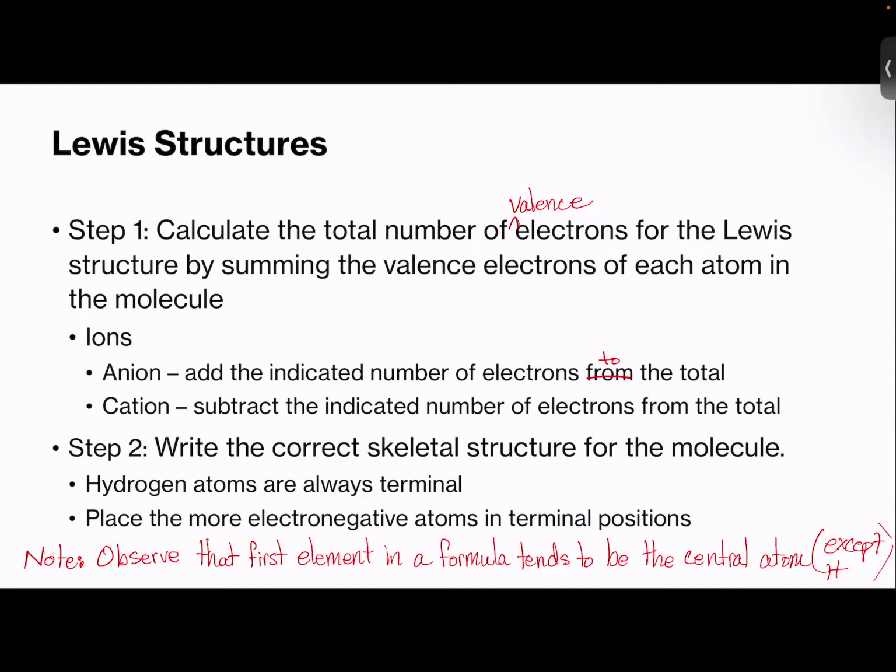We're going to notice this for many, many more atoms, that the first element listed in a formula, unless it's hydrogen, is going to be the central atom. Now, when hydrogen is listed first in a formula, you go to the second one in line typically.